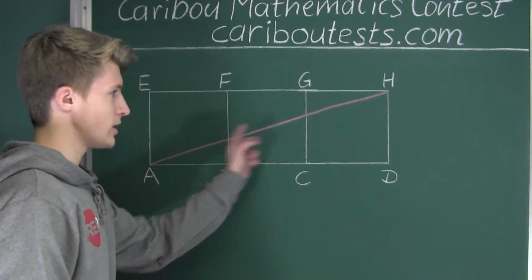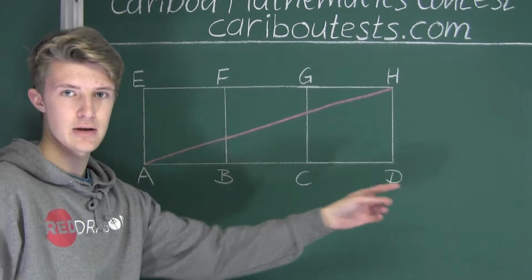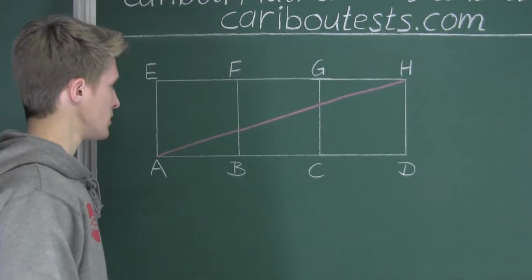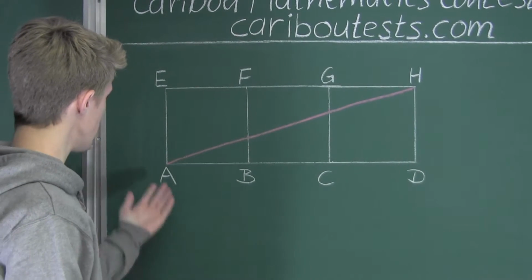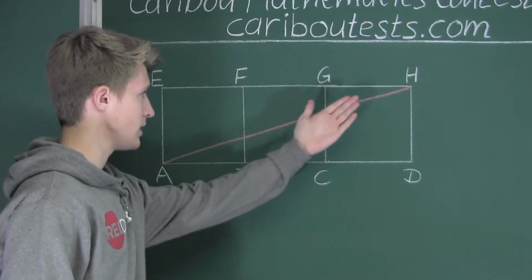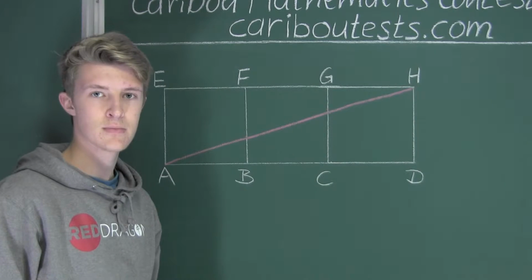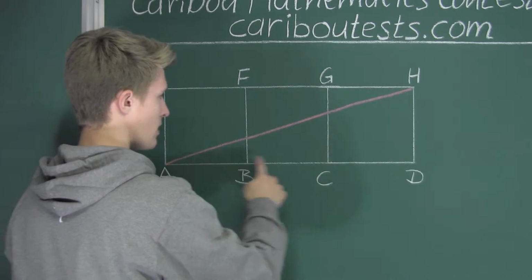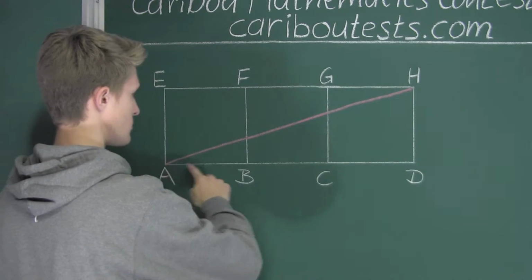Alright, now this is what that line would look like if you unraveled it from the cube to just a 2D shape. Now we want to find a way to calculate this line's length. Well, what we can see after drawing this line is that we now have a triangle shape.